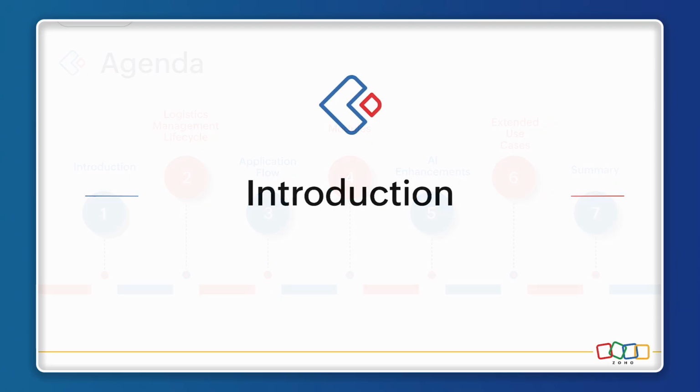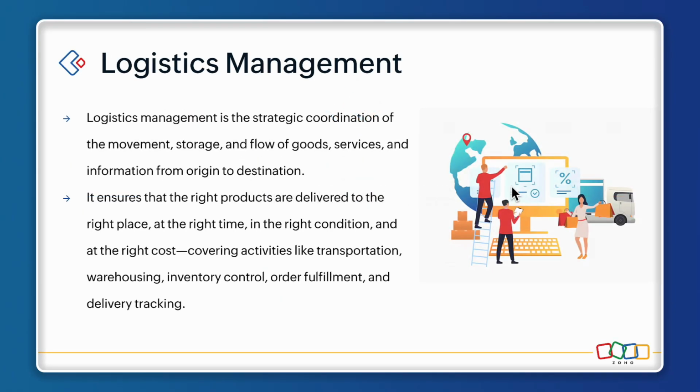Let's move on by understanding the logistics industry. Logistic management is all about coordinating how goods, services, and even information move from one point to another, whether that's from a warehouse to a customer or between internal locations. The main goal in logistics is to ensure that the right product reaches the right place at the right time, in the right condition, and at the right cost.